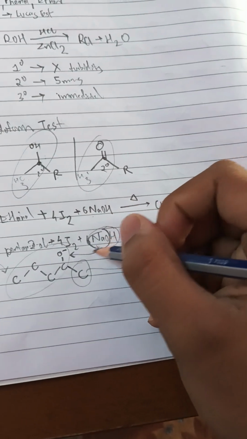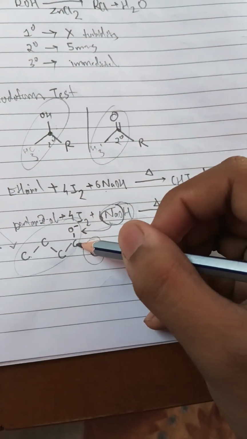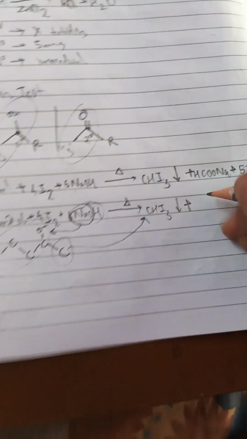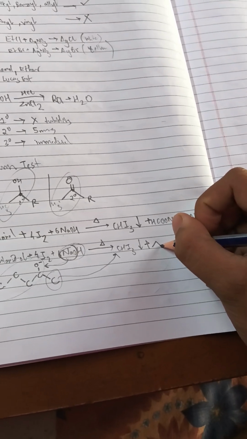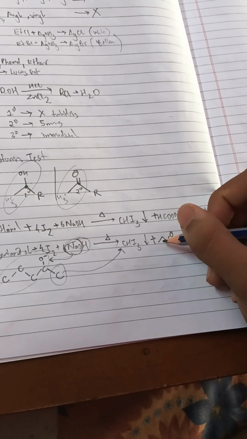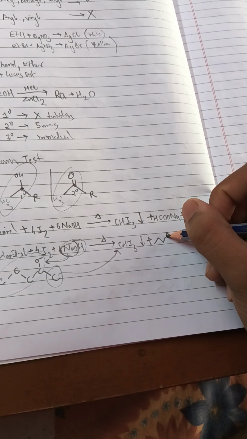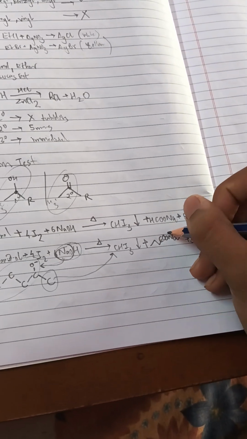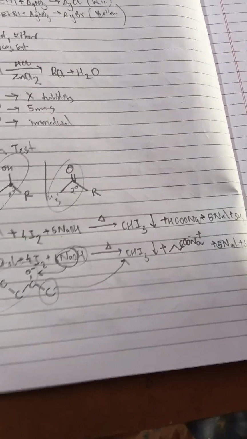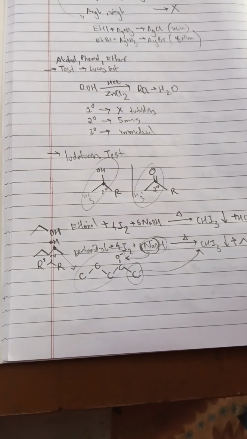This breaking part forms CCCCONa. Okay, now you can understand this is how it works.